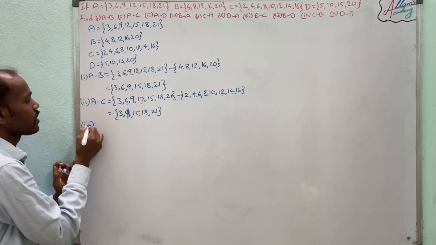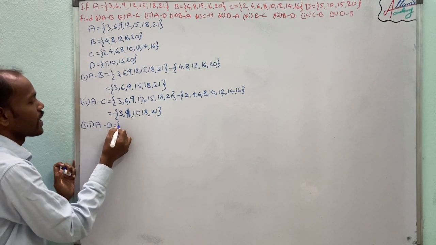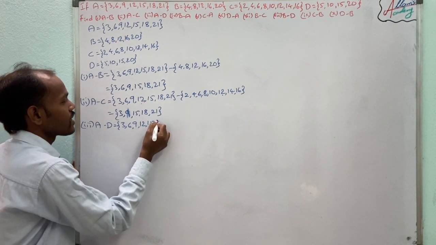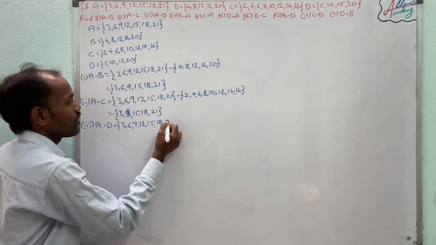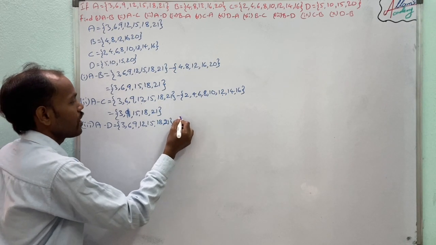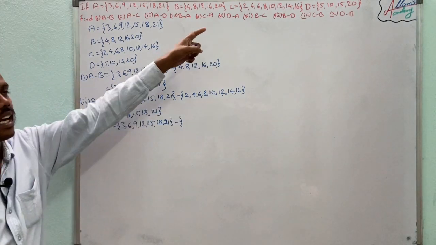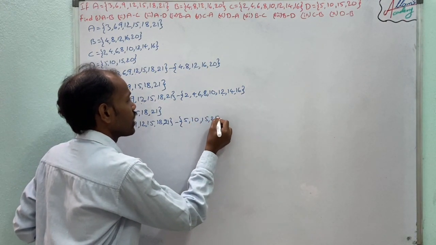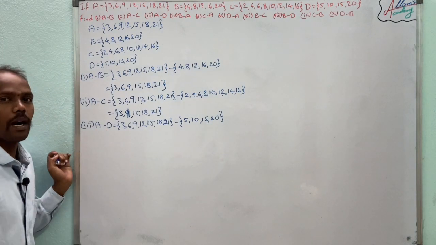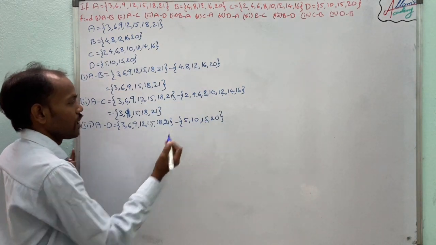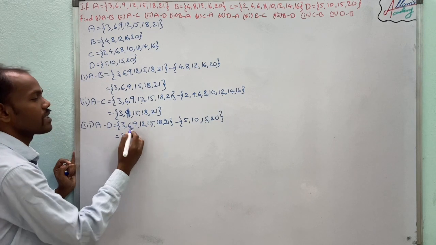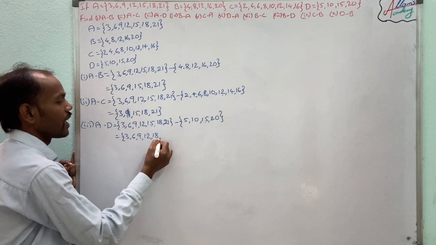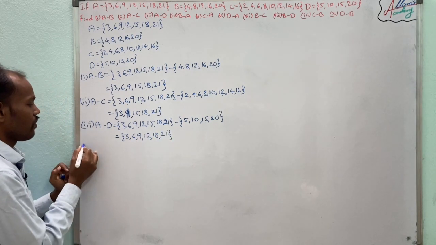Now we observe the third answer, A minus D. The set A is 3, 6, 9, 12, 15, 18 and 21 minus the set D, 5, 10, 15, 20. In both sets the only common element is 15. The remaining elements in the first set are 3, 6, 9, 12, 18 and 21.